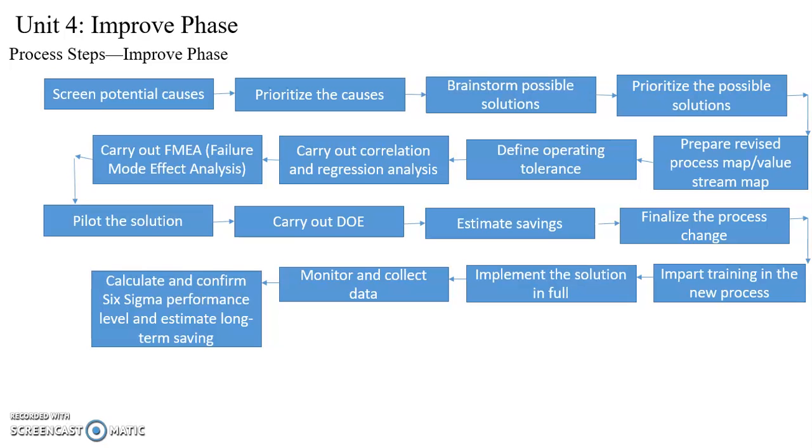Since the team has already run a pilot program and carried out DOE, the new process has to be supported by a revised process and standard operating procedure. And the next step is to impart training in the new processes.